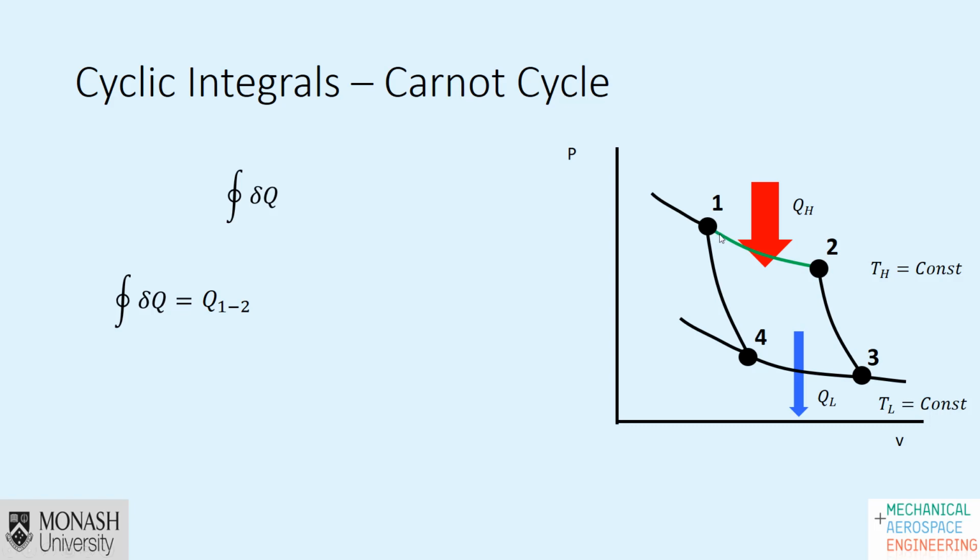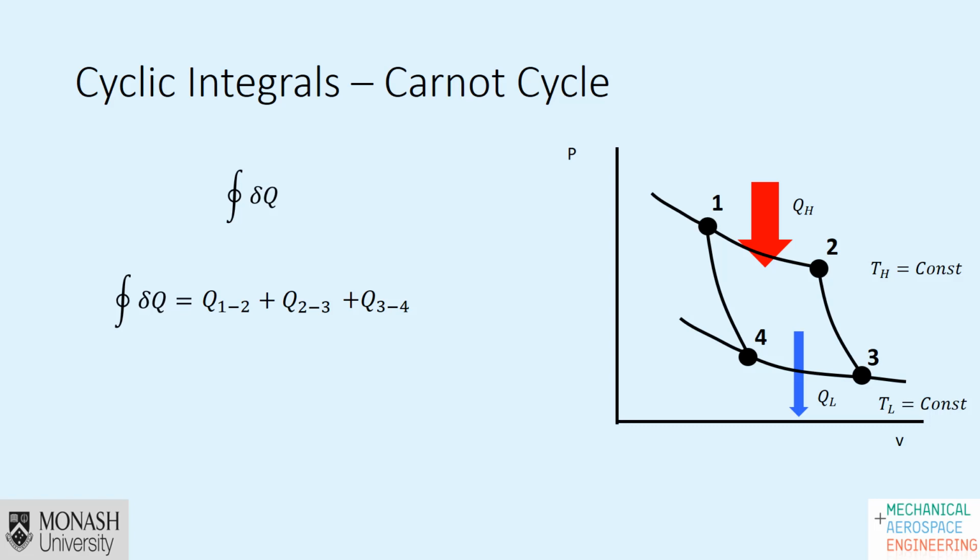Now for any little increment along our path, there will be some amount of heat transfer taking place, delta Q. And by integrating along this entire segment between points 1 and 2, we will get the total heat transfer associated with this particular process. We then have our process as we move from 2 to 3. So we add the heat transfer associated with that process. Then likewise, we integrate along our path from 3 to 4, and we have the total amount of heat transfer that takes place during that process.